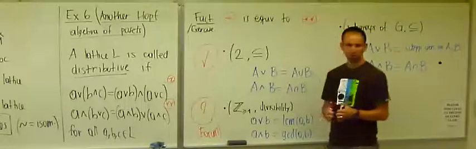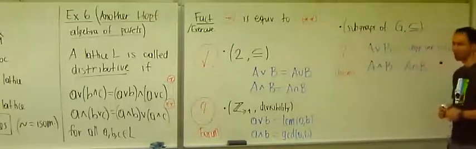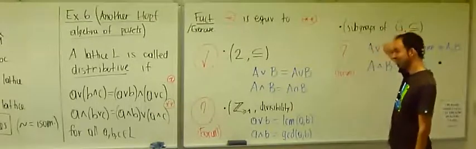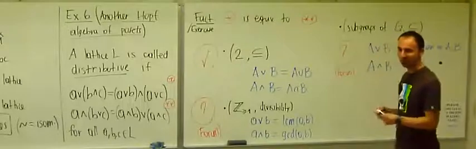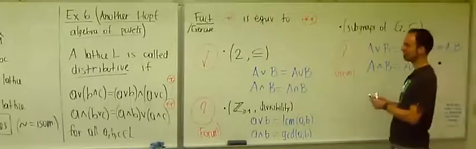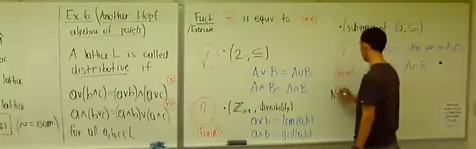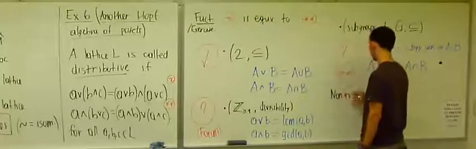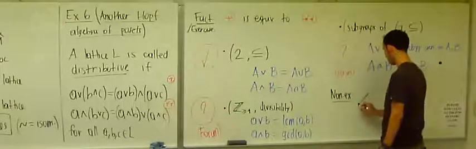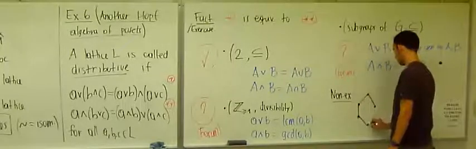Maybe I should show you something that is not distributive, so that we have something. And I didn't come prepared, but well, I know what distributive lattices look like, so I'm going to draw something that I know is not distributive, and you're going to help me find why it's not. So a non-example, something that is not distributive. I know, and you'll see later why I know, that something like this is not distributive.